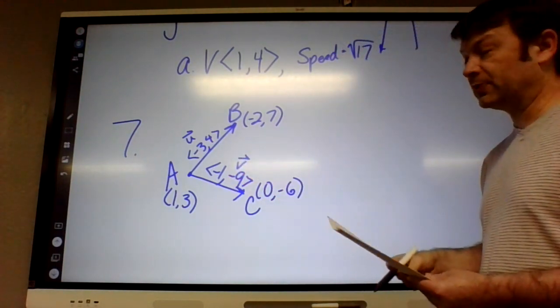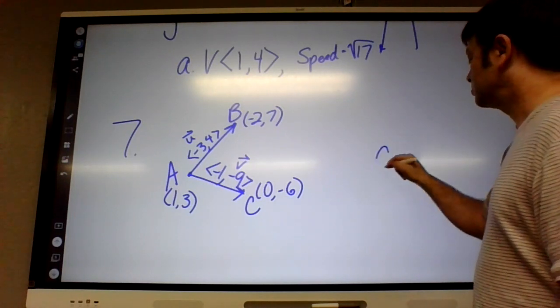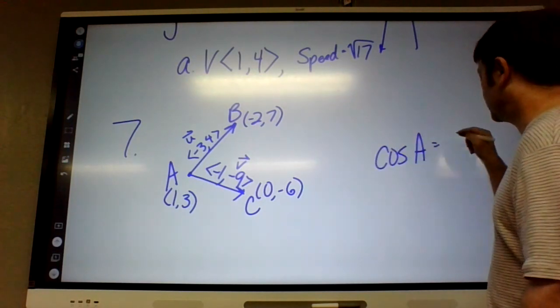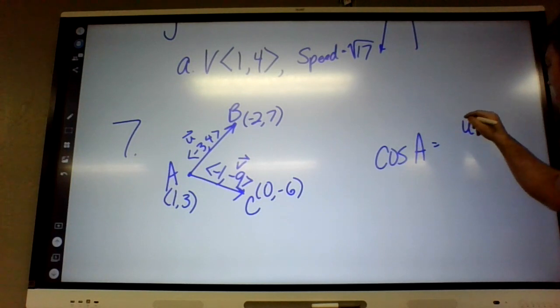Do I remember this formula? I might have to check my work on this one. Oh, dot product. We haven't talked about that yet.